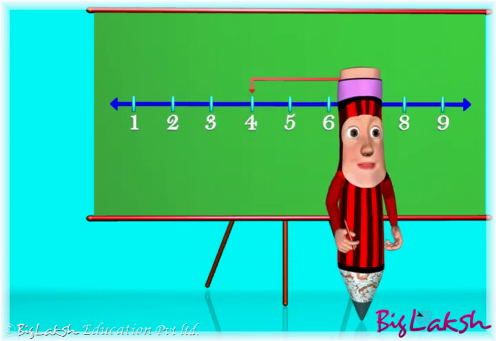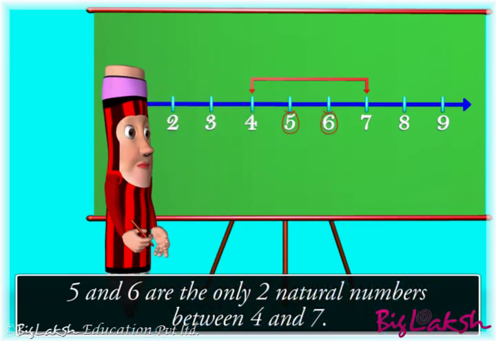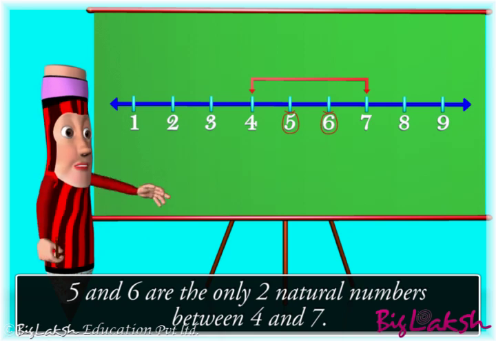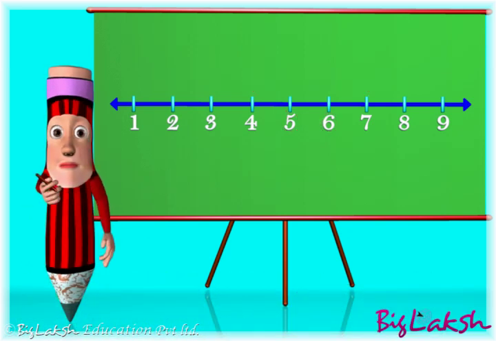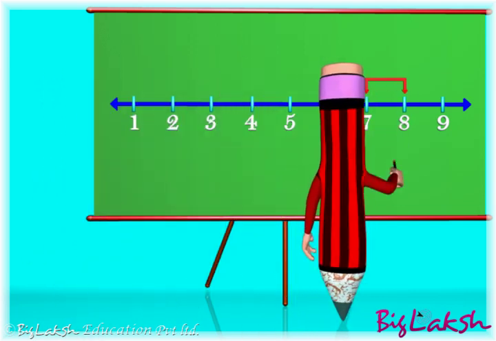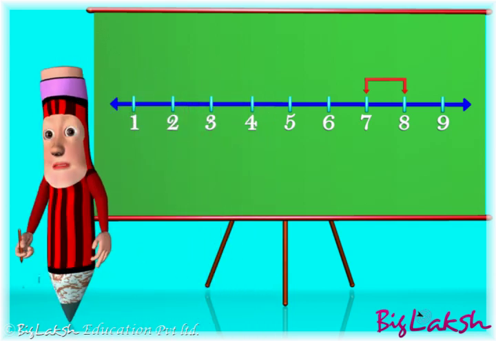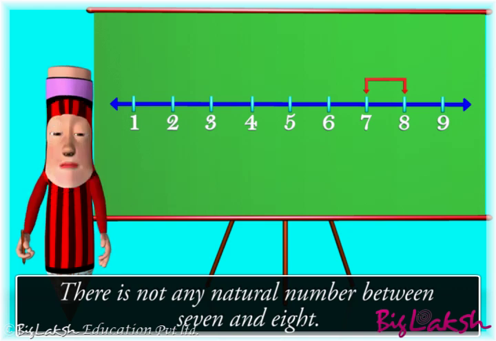So as you can see, 5 and 6 are the only two natural numbers between 4 and 7. Now, can you try to find out the natural numbers between 7 and 8? Yes, you are right. There is no natural number between 7 and 8.